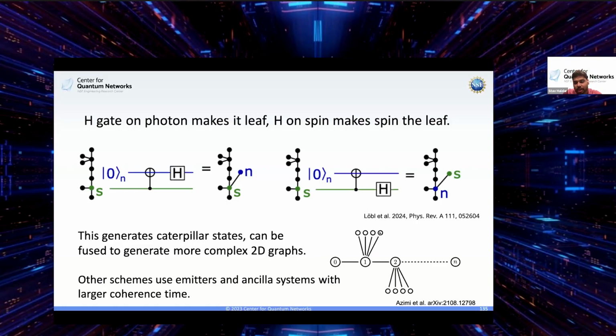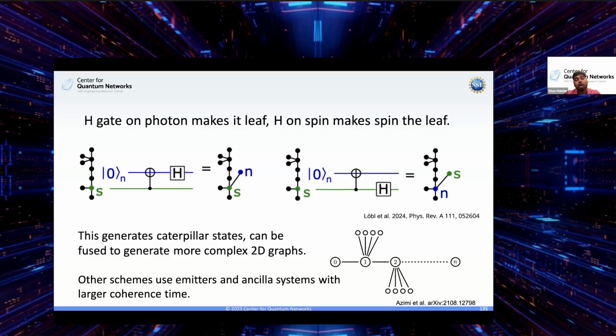So now remember, you can take one photon from this caterpillar state, and take one photon from another caterpillar state, send them through a beam splitter, do X measurements on both of them, which is type 2 fusion, and generate a 2D cluster state. Right? So that part, of course, will be probabilistic, but the linear cluster state generation, or this caterpillar state generation, can be deterministic, and the fusion part can be non-deterministic.